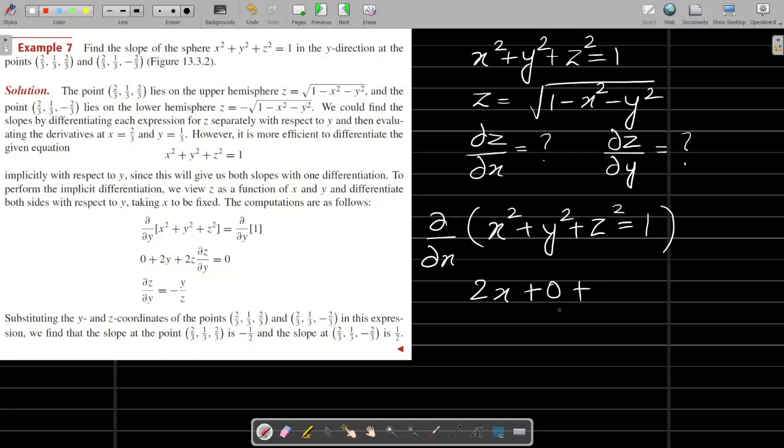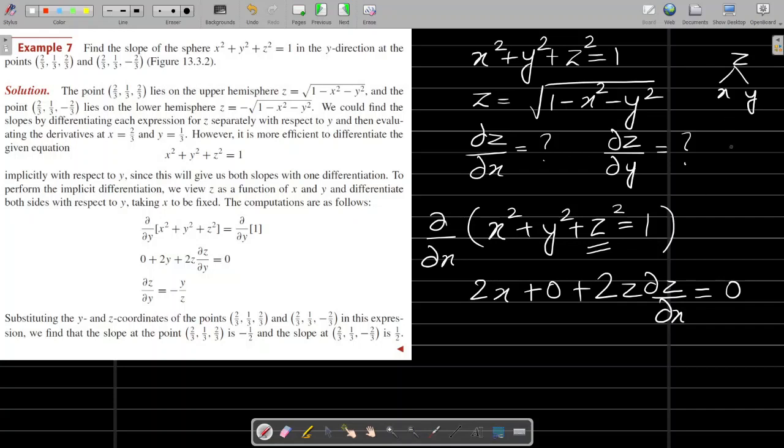Plus the last part: when partially differentiating z terms with respect to x, you must keep in mind z is a function of x and y, so it will become 2z into dou z by dou x. This is equal to dou by dou x of 1, which is 0. This last part you should keep in mind: z is a function of x and y.